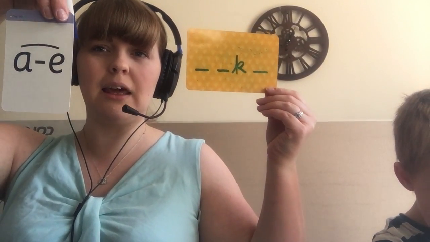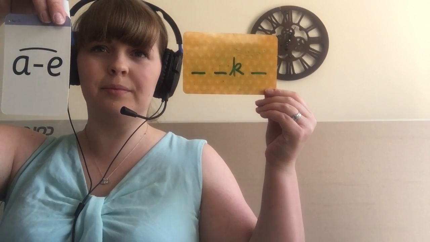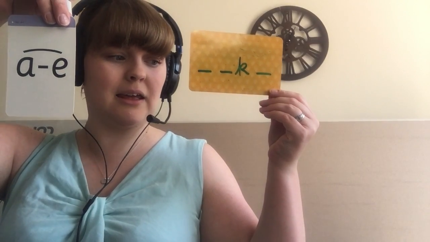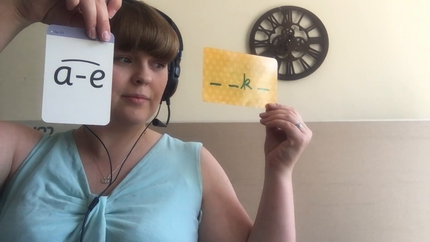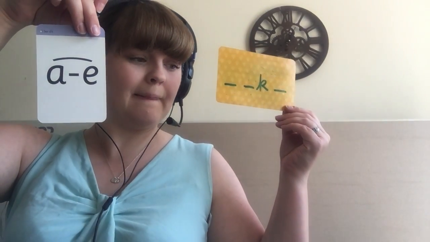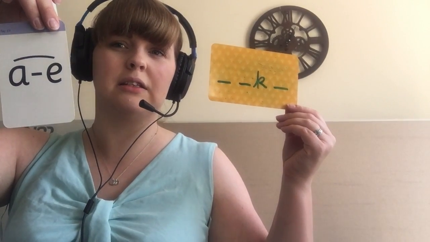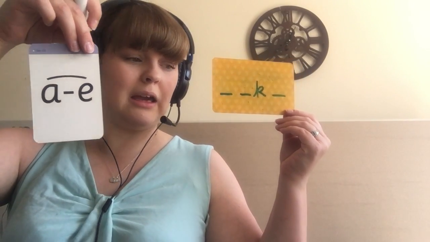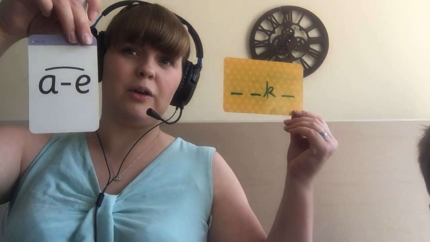So I'm going to write one letter in and leave the rest blank, and you see if you can work out how we're going to spell cake. Okay, we're going to start in 5, 4, 3, 2, 1.